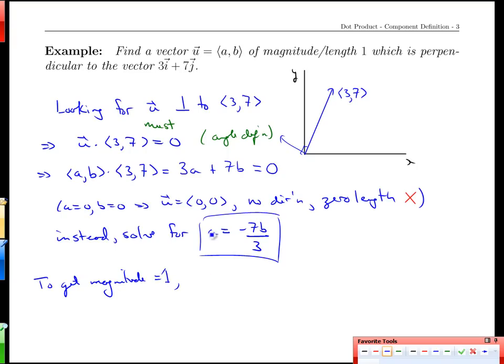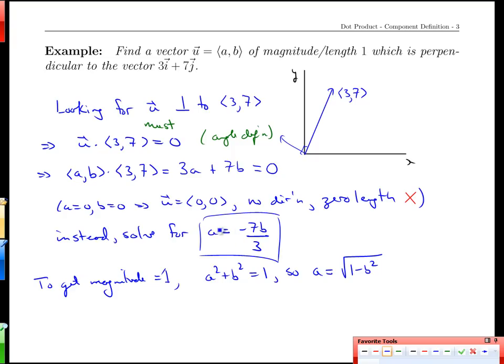In fact, in particular, a squared plus b squared must equal 1, so a is also equal to the square root of 1 minus b squared. Just solving for a here.